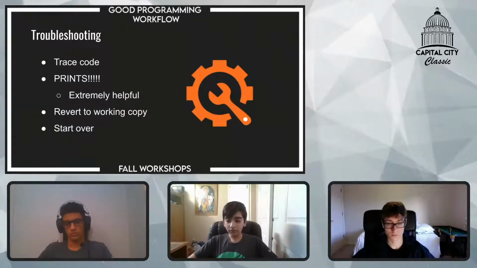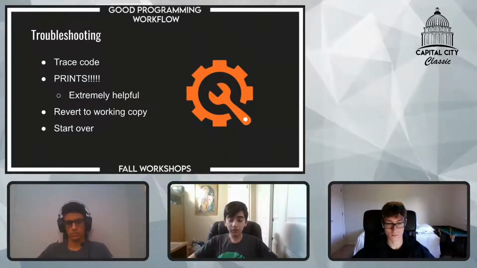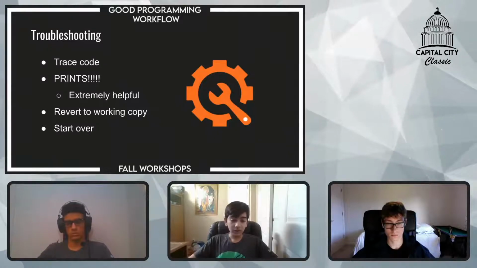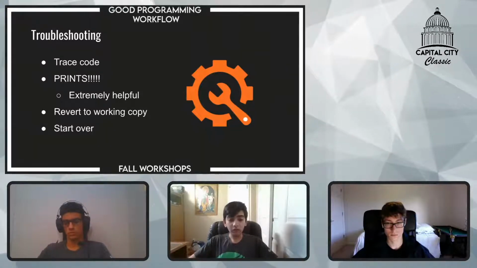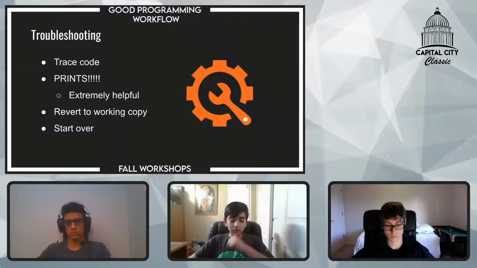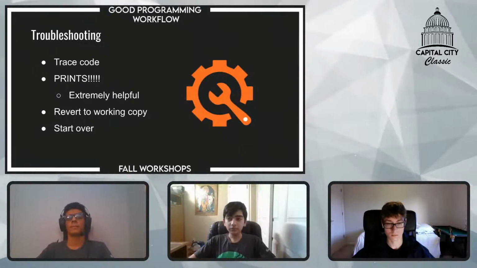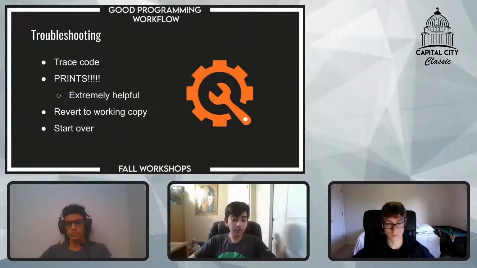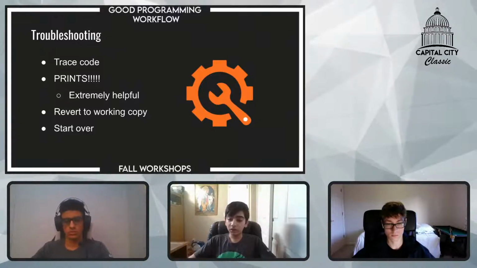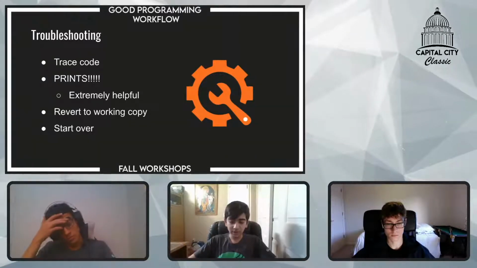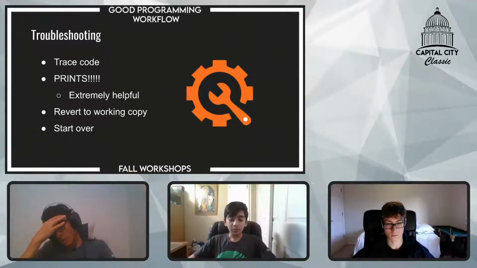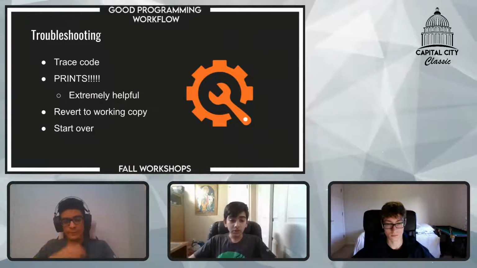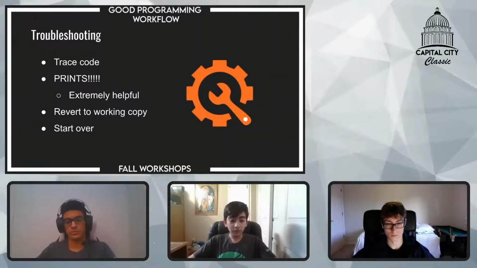But another important thing to think about goes back to the beginning of this presentation when we were talking about Git and GitHub. A really cool thing about writing your commit messages, pushing, and doing atomic committing, as we discussed, is that it allows you to revert back to a working copy if you ever need it.